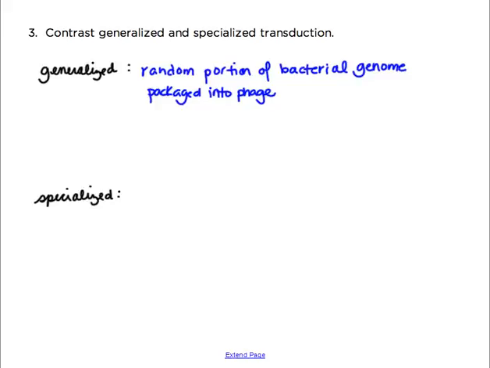And specialized transduction is when a prophage excises itself inaccurately from the bacterial genome, taking some of the bacterial genes with it. Okay, so this is when the prophage excises inaccurately.